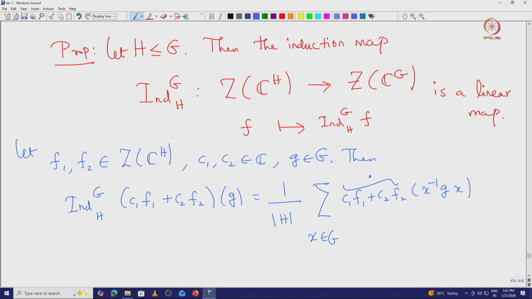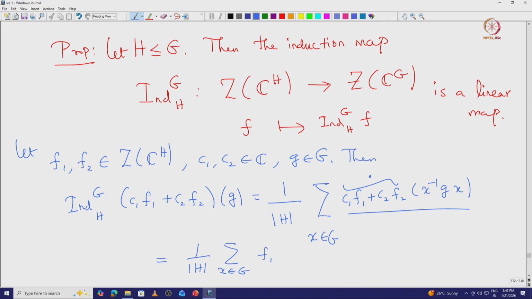Now note that the dot is indeed linear, that we have already verified.